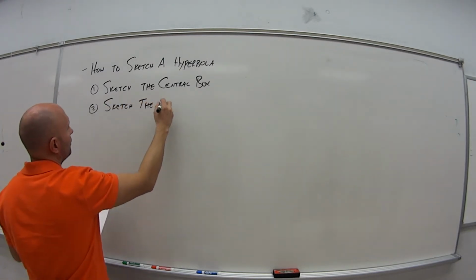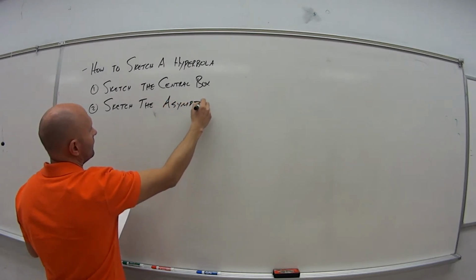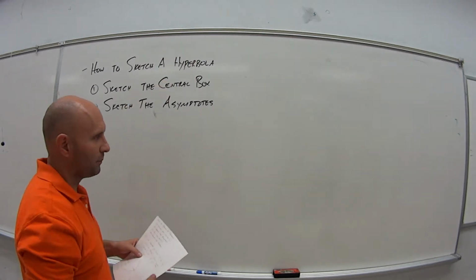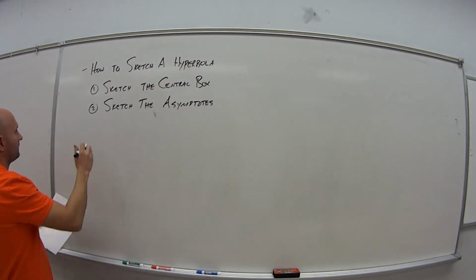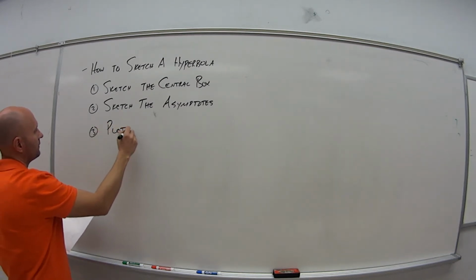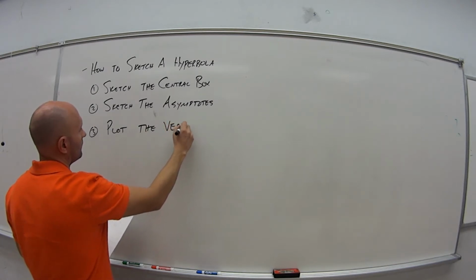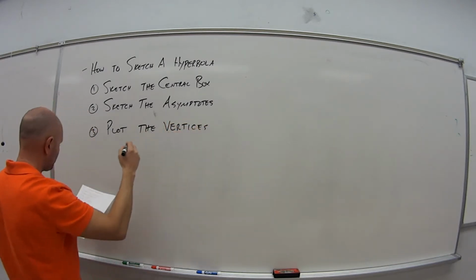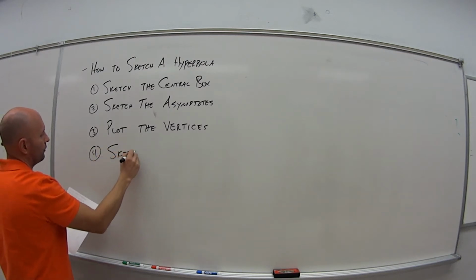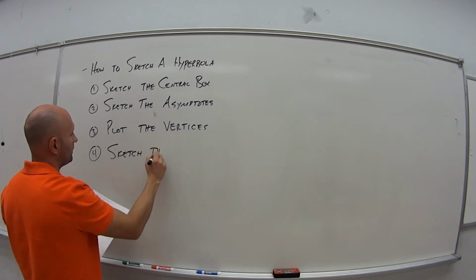These asymptotes tell us how big the curve is on these hyperbola equations. Once we do that, we're going to plot the vertices. And once we have that done, then we just sketch the hyperbola. And we know it's going to look like two parabolas opposite of each other.